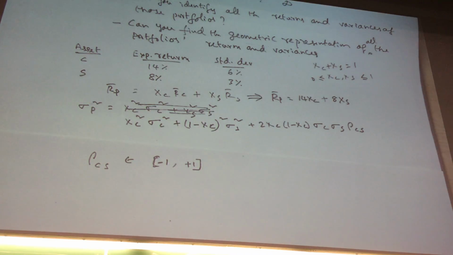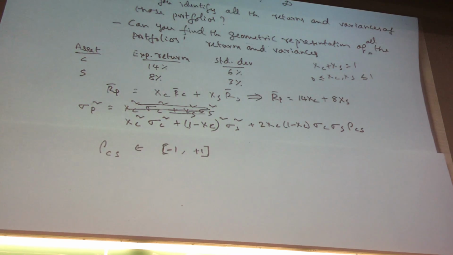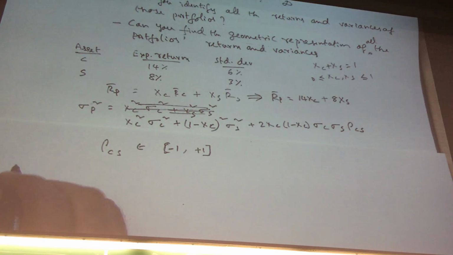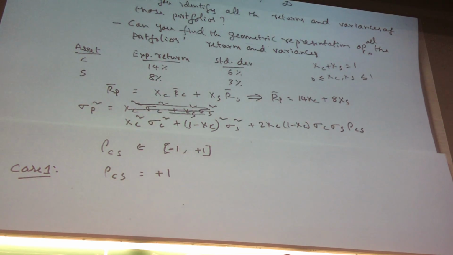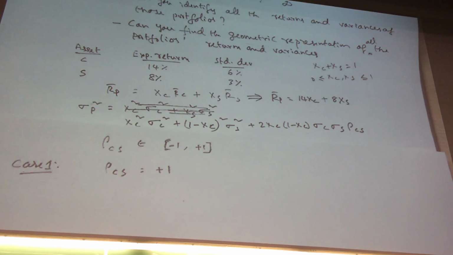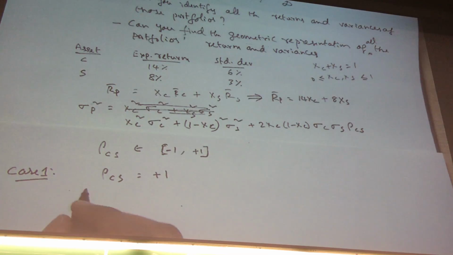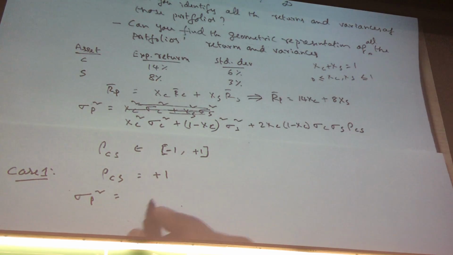Let us look at some of the extreme cases. Case 1, I consider rho CS equals +1. Then how is the portfolio variance affected?